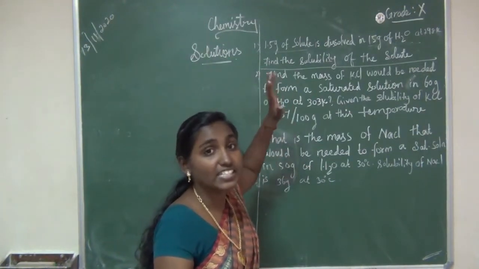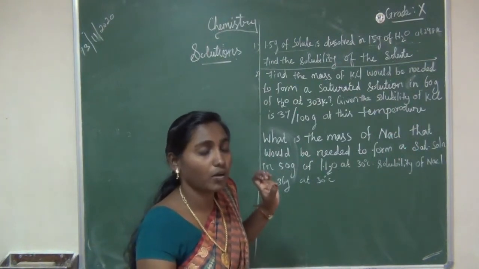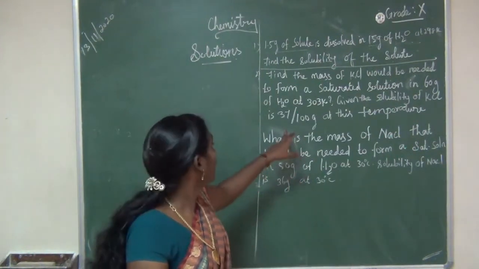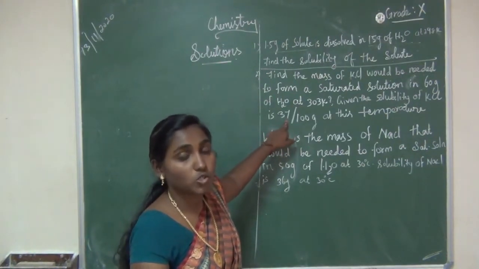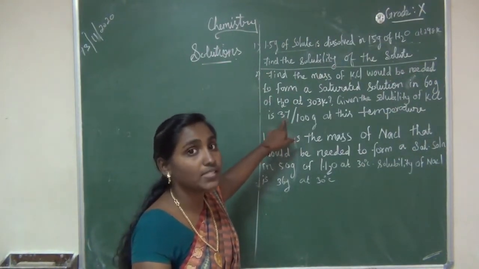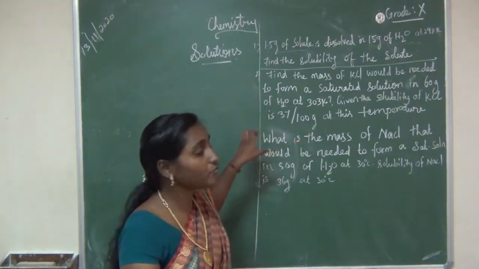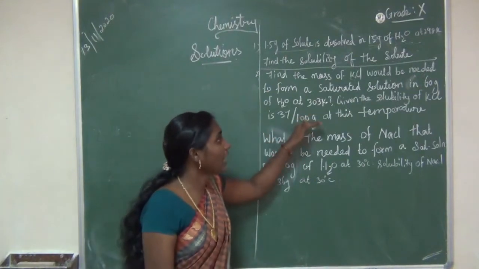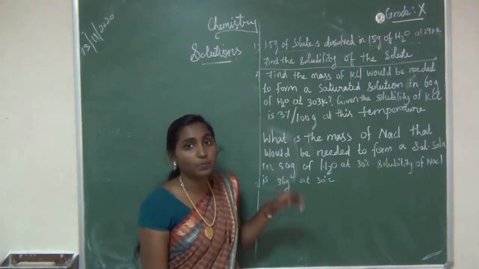On that day we studied some saturated values, right? 100 gram of water can dissolve 37 gram of potassium chloride. If you take common salt, sodium chloride, 100 gram of water can dissolve 36 gram of sodium chloride. Here 100 gram of water can dissolve 37 gram of potassium chloride.